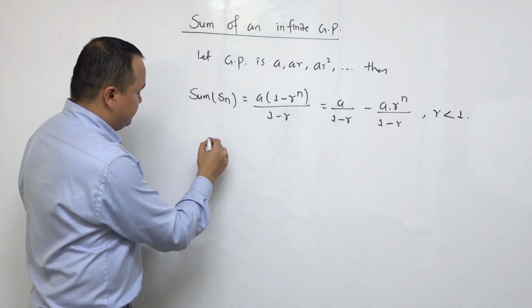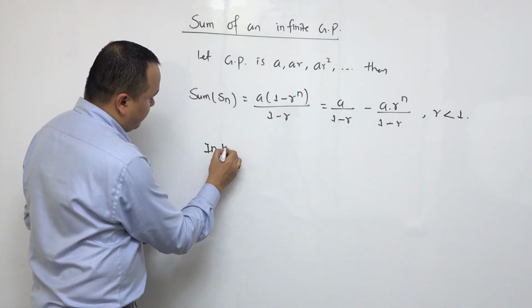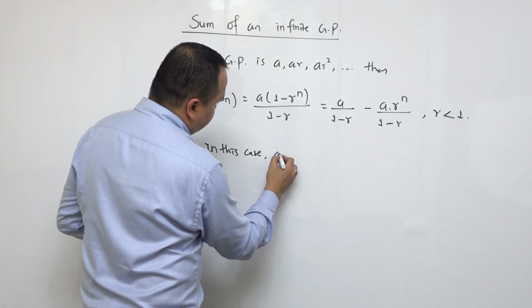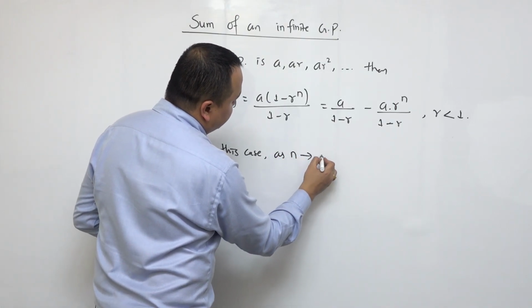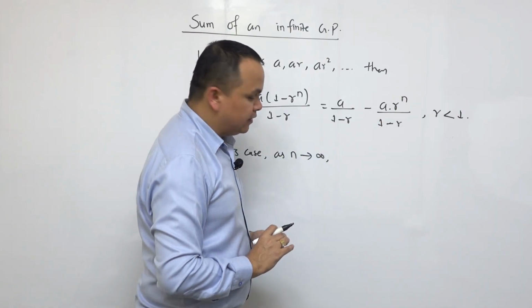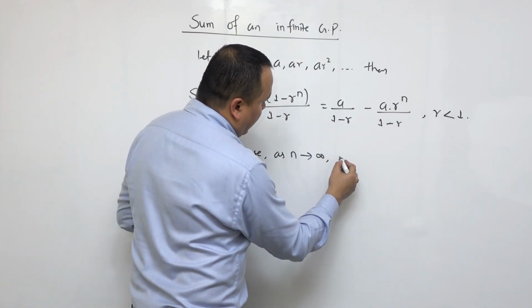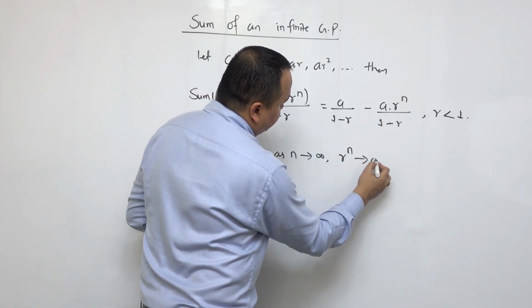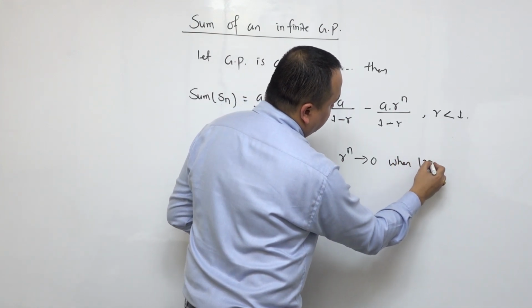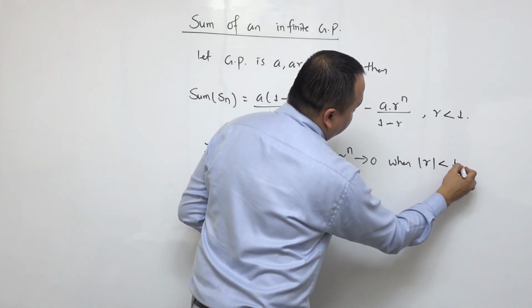In this case, as n tends to infinity, R to the power n tends to 0 when modulus of R is less than 1.